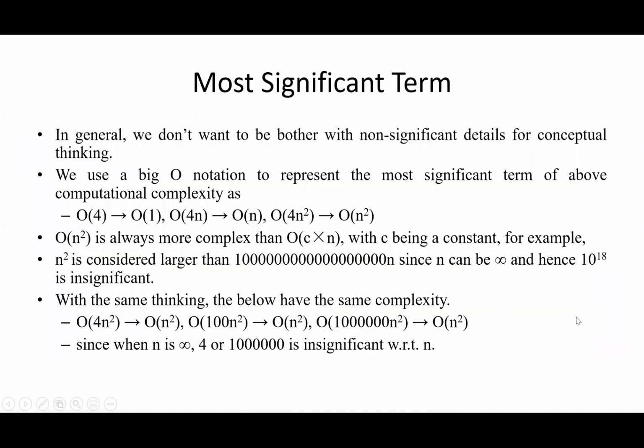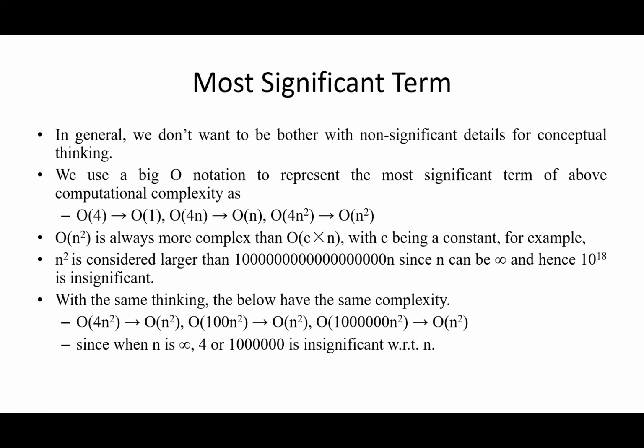So why do we just keep the most significant term, like just now I just kept n power 4? I don't want those n power 2, n power 3. Because in general we don't want to bother with these non-significant details, because the big O, remember just now, is just a concept that tells you a rough approximation of how the rate of your algorithm will increase when your data size increases.